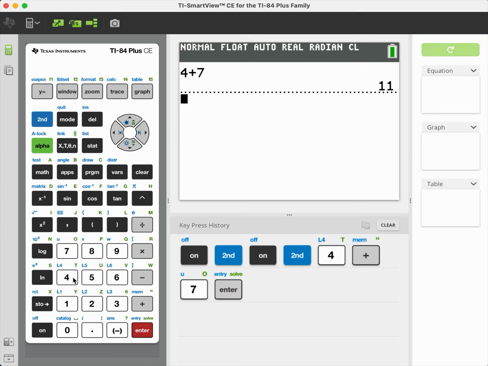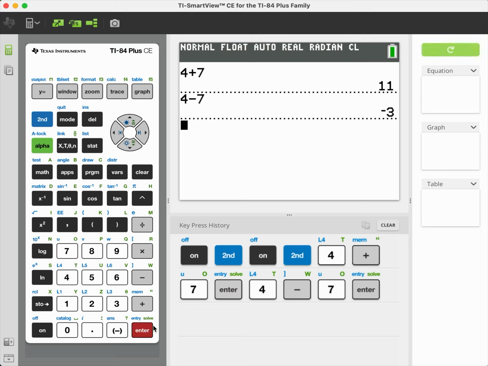Let's try 4 minus 7 and press Enter. All right, -3. And note about the operations: the operations add, subtract, multiply, and divide are on the right-hand column. So what's this thing down here?